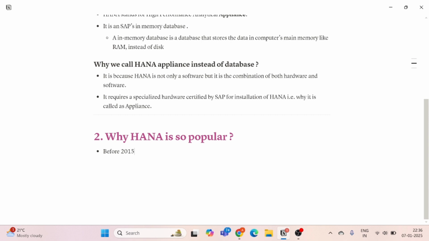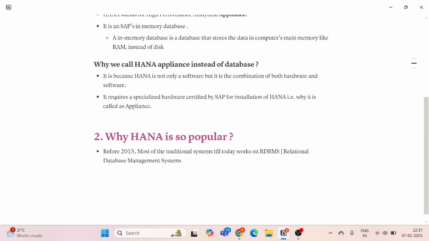Before 2015, most of the traditional systems, even most of the systems today, work on RDBMS, Relational Database Management System. Most of the things work in the same way.